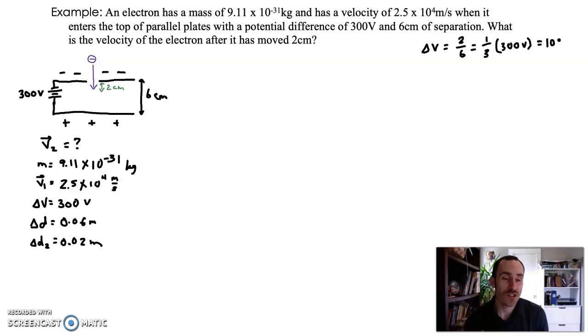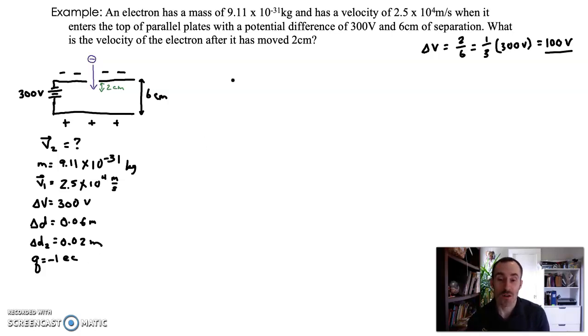So the electron is going to go through a potential difference of 100 volts. We know that the charge on one electron is negative 1 e, and we know that it's going through 100 volts. And that Q can help us figure out what the change in potential energy would be.